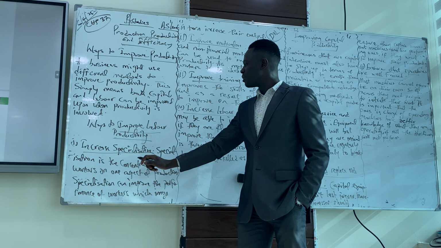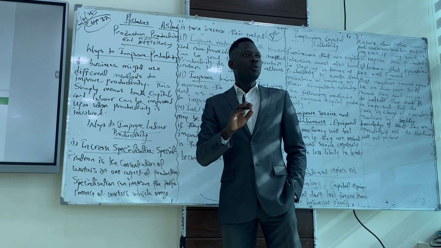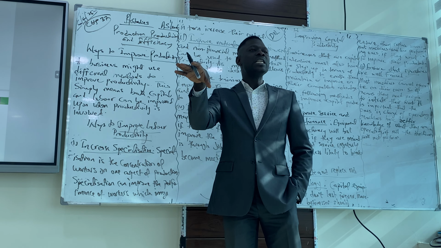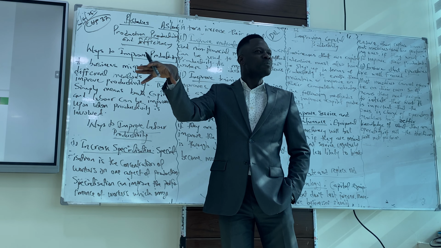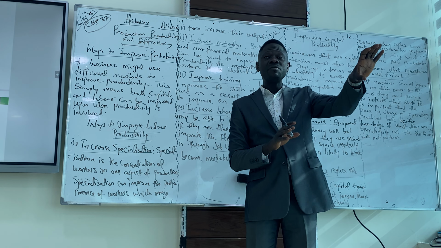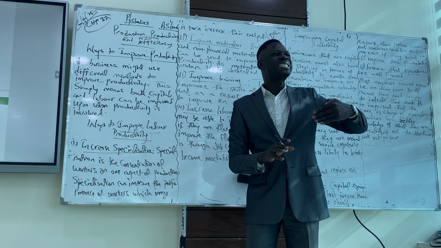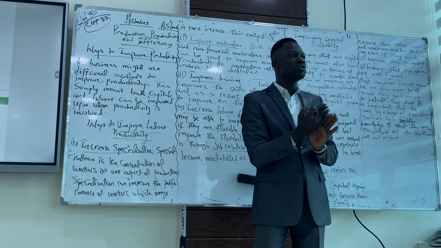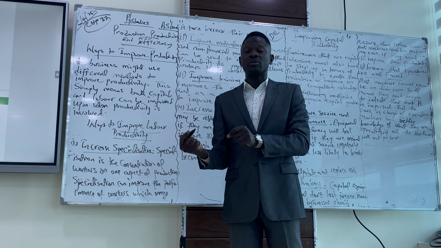So that's why we have to increase specialization. When businesses are able to increase specialization, they give tasks to each individual on the aspect they know how to do. So I'm going to give you that task because I believe you can do it well. You continue to do the same task, and because you continue to do it, you will do it better than it used to be. That increases productivity, because we said productivity is output per number of inputs.